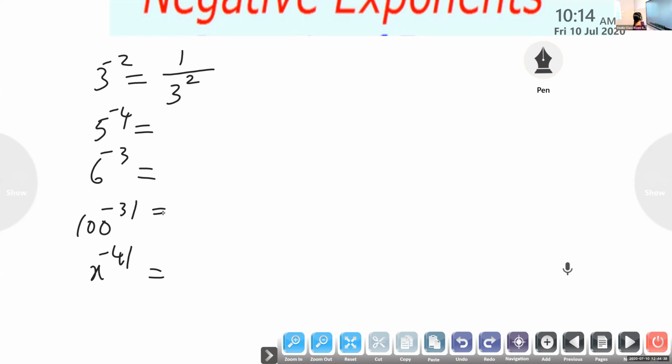Thomas Chaco, what is the answer of the second question? Midun. Second one, 1 by 5 raised to 4.